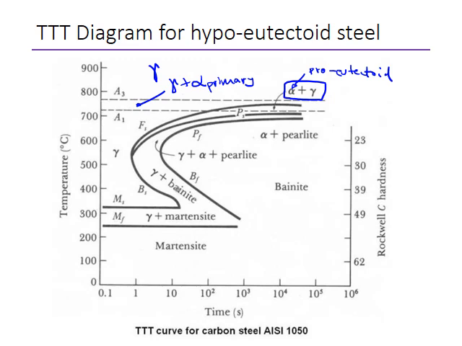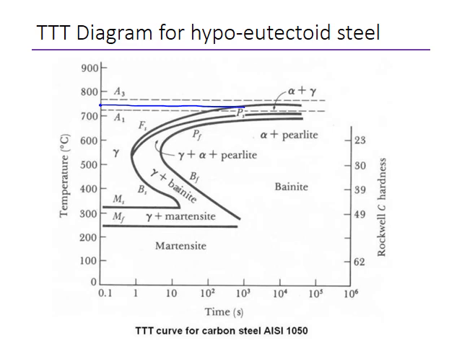Nonetheless, you need to know that, okay? So we can see that if you quench, for instance, to this temperature in the middle of the region, and you wait a certain amount of time, austenite will start to be transformed into the austenite and the primary phase.